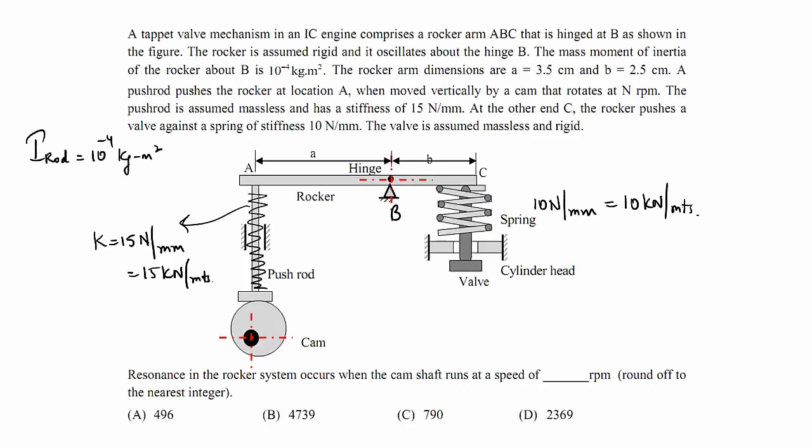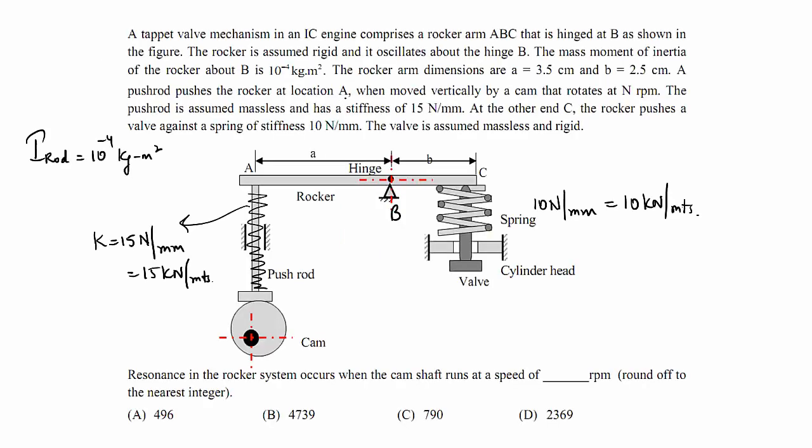A is equal to 3.5 centimeters. This is A, this is B. And next, there is a spring here.